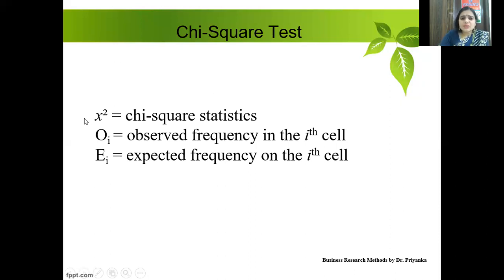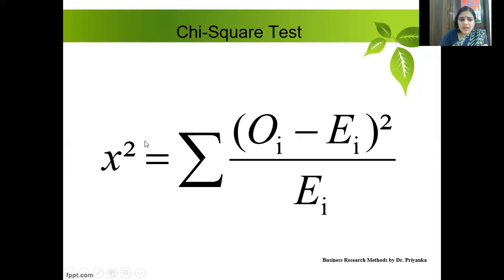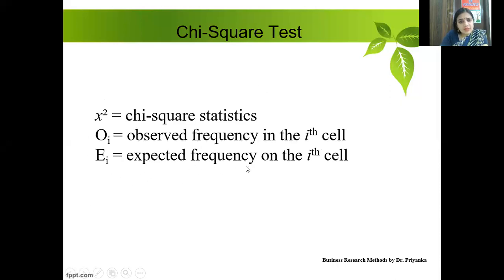This is your chi-square statistic, this is your observed frequency in the ith cell, and this is your expected frequency in the ith cell. So these three things are needed, and this is the simplest formula ever.